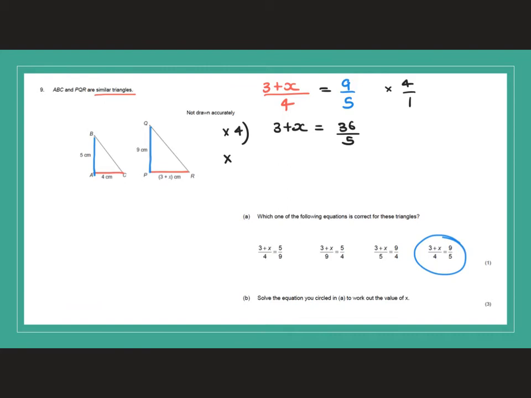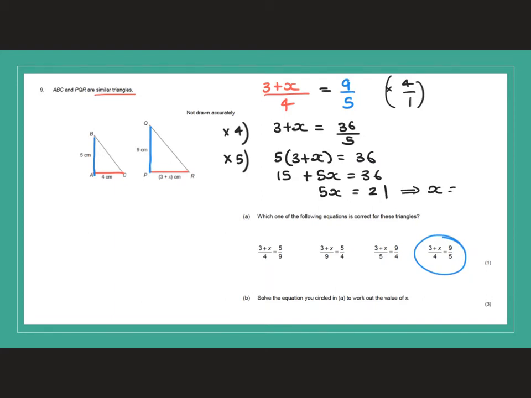Then let's multiply by 5, or 5 over 1, which gives me 5 bracket 3 plus x equals 36. Keep solving. 15 plus 5x equals 36. 5x is equal to 21. And this then gives me x equals 21 over 5, or 4.2.